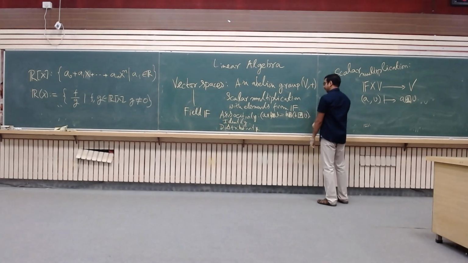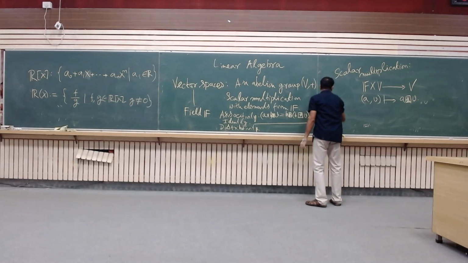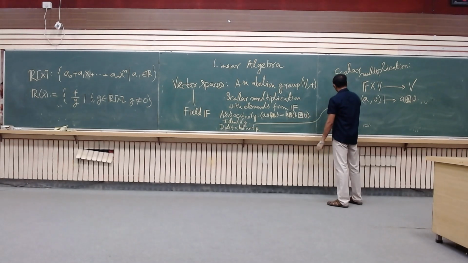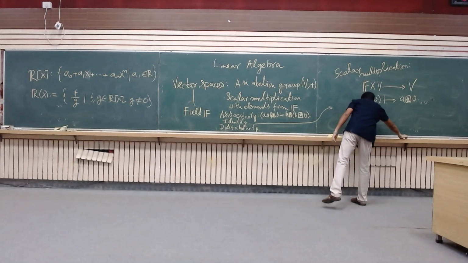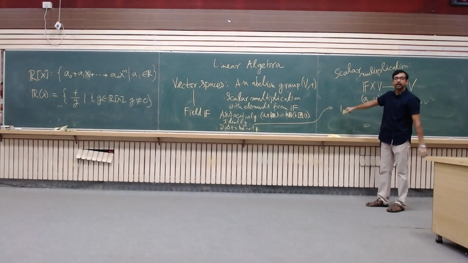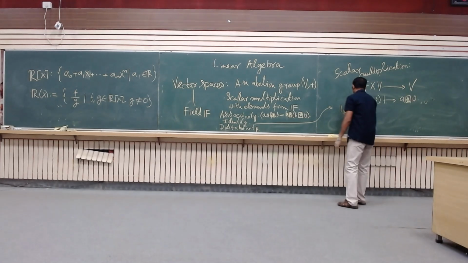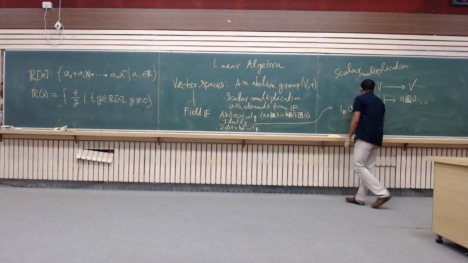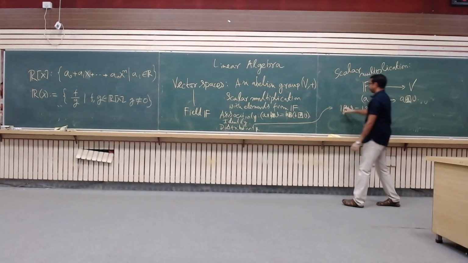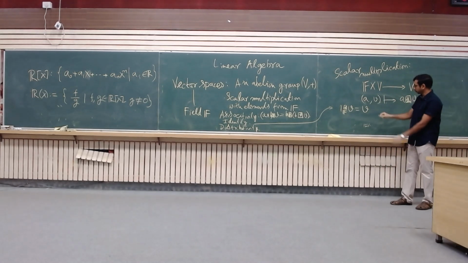And then this identity thing, what does it mean? Suppose 1 is the identity element of the field. By 1_F, say we denote the multiplicative identity of the field, then this times V is going to give you V.